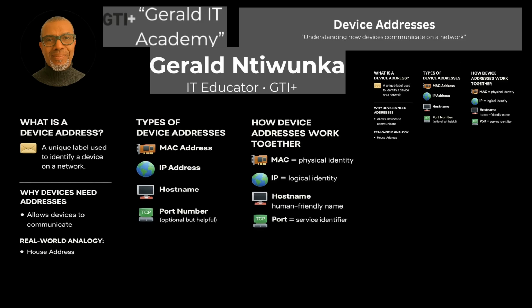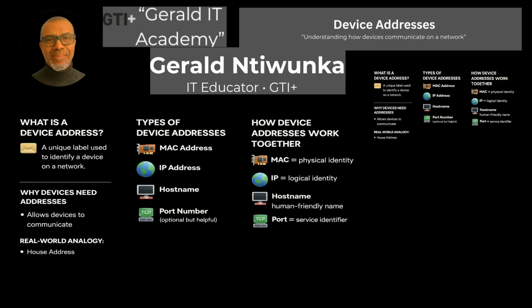Now, network addresses work much in the same way. They are composed of different parts. Each part lets other devices know where information goes. Network addresses, like mailing addresses, need to be unique.